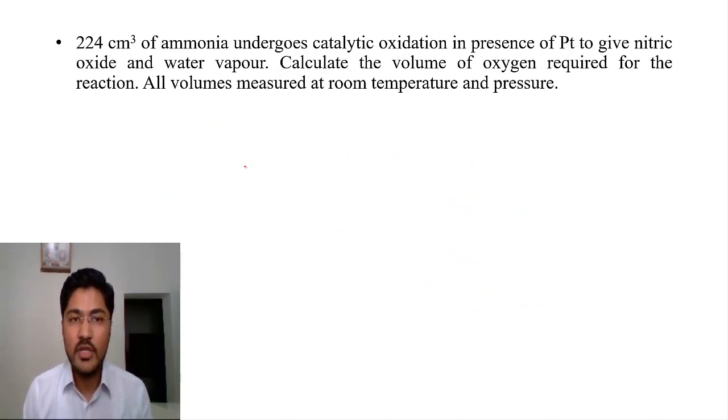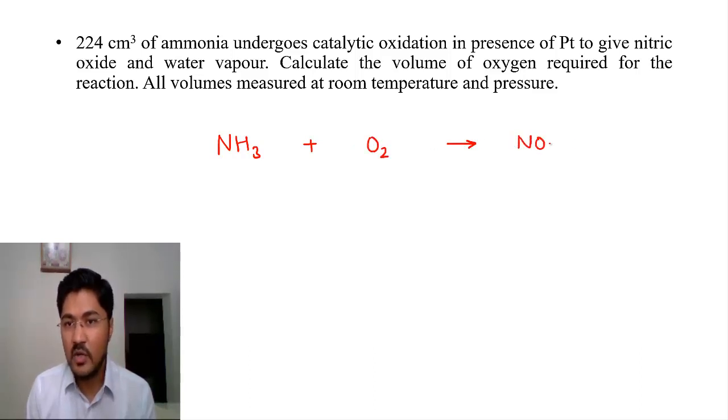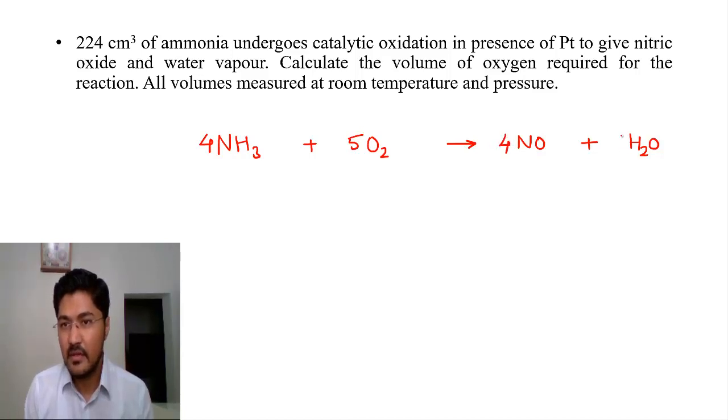224 cc of ammonia undergoes catalytic oxidation in the presence of platinum to give nitric oxide and water vapor. Basically the reaction should be like this: NH3 plus O2, by catalytic oxidation, gives nitric oxide plus water. So this should be the reaction, and now we have the balanced equation.